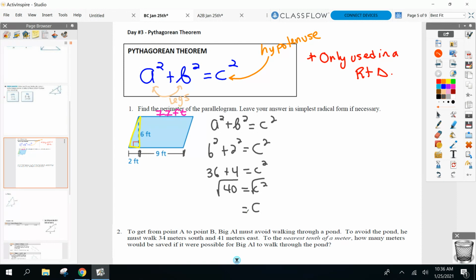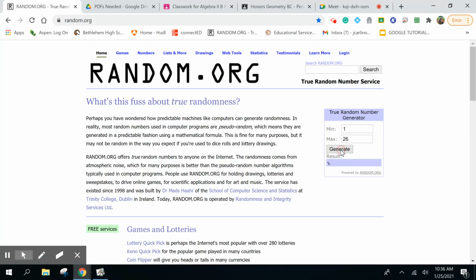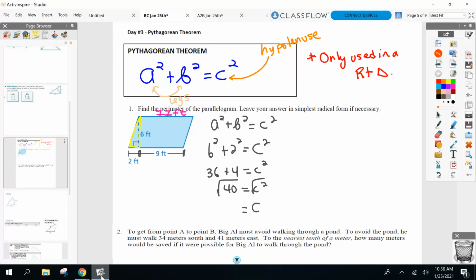I think we've had a lot of practice breaking down radicals, and 40 is not a large number. Let's roll, Hayden. What do you got for me there? 2 radical 10. Good. Perfect. Radical 40 breaks down into 2 radical 10.